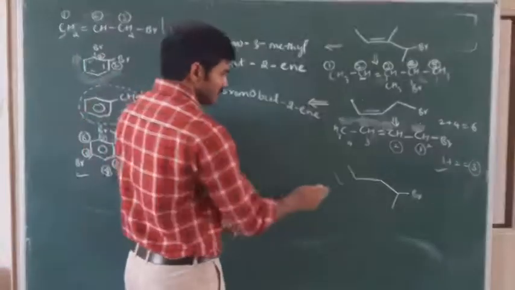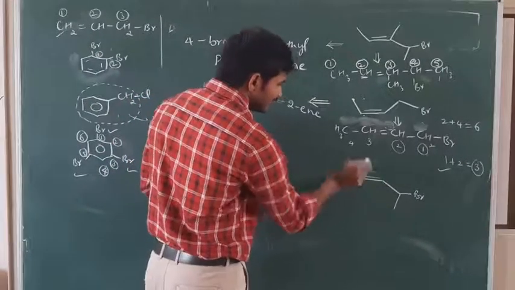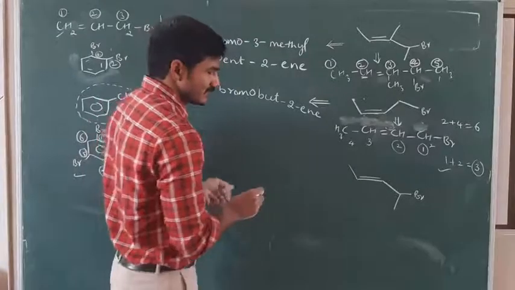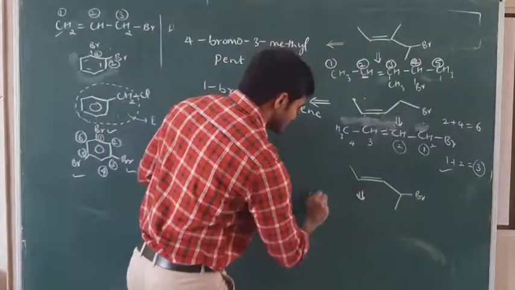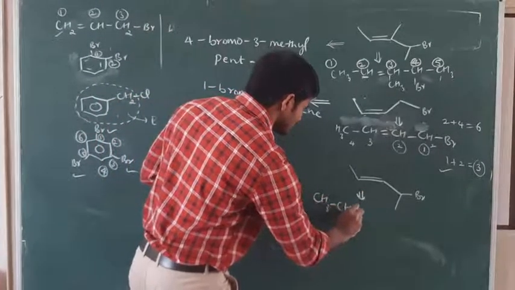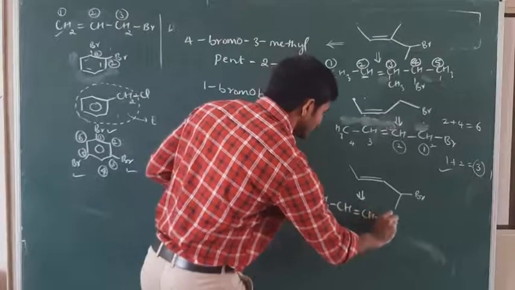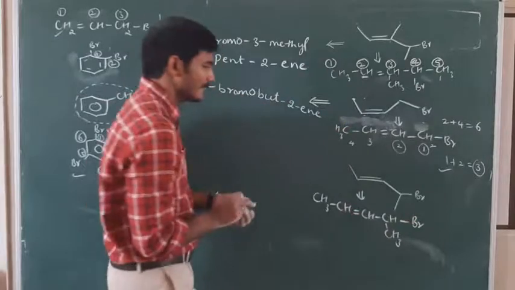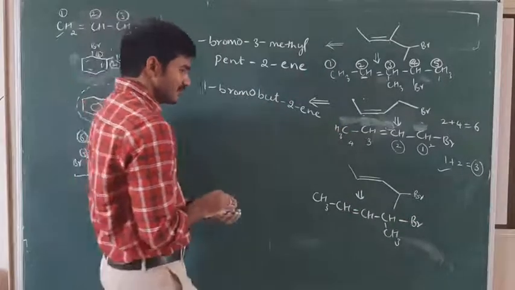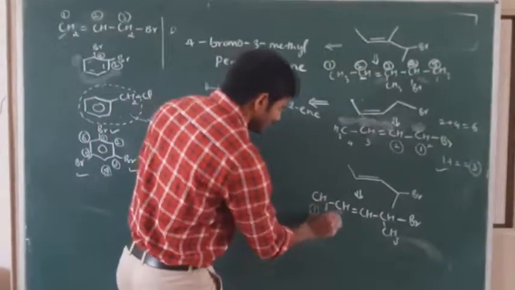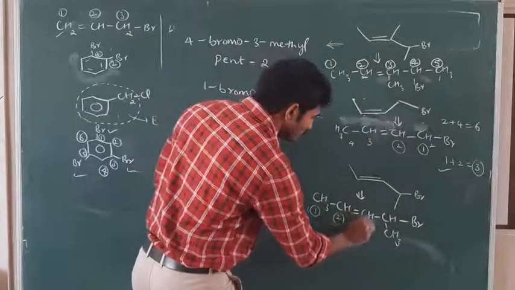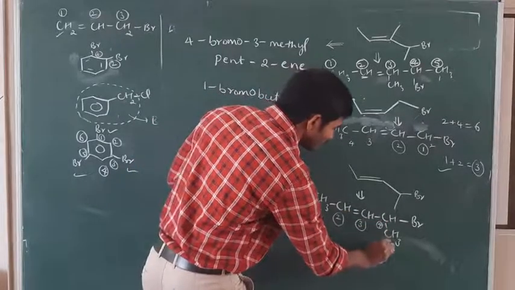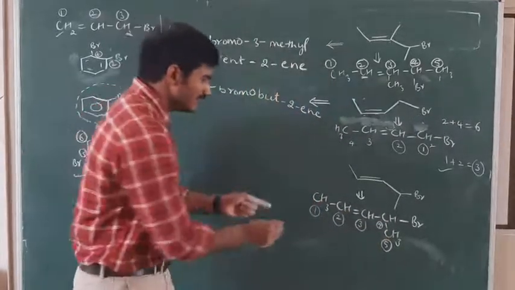Next, coming to this molecule, here we have a double bond. You write the structure like this: CH3, CH, double bond, CH, CH, CH3, Br. If I give the numbering this way: 1, 2, 3, 4, 5, the double bond gets which numbering?